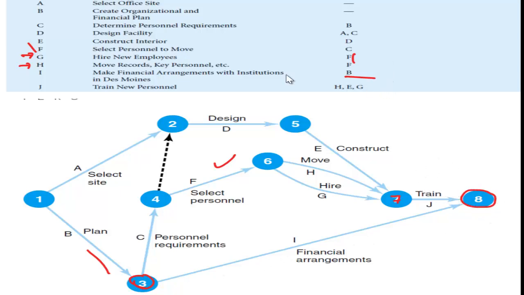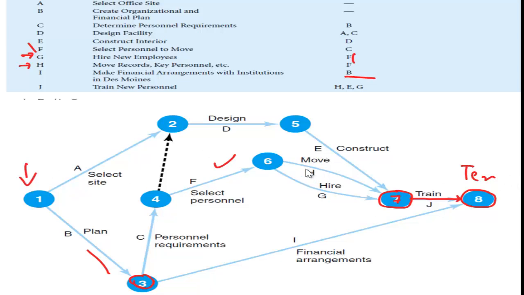And this is going to be my last node, because J after that has the predecessors H, E, and G. So H, E, and G lead to this node. Here J starts and ends with the last node, because after that there is nothing, so it has to end with the terminal. So this is the terminal node or end node, and this is the start node, right?